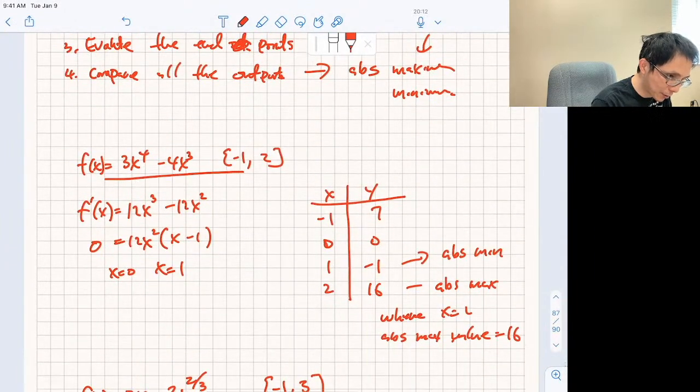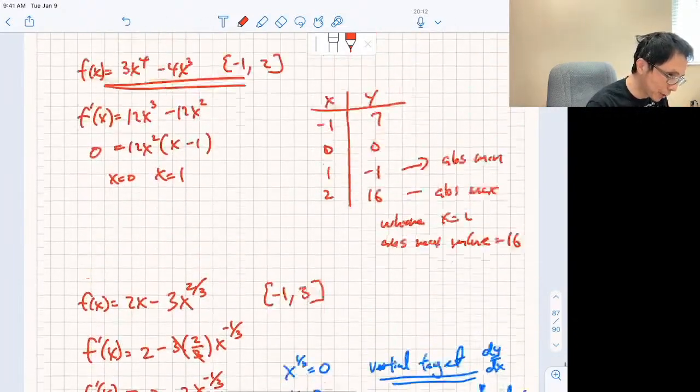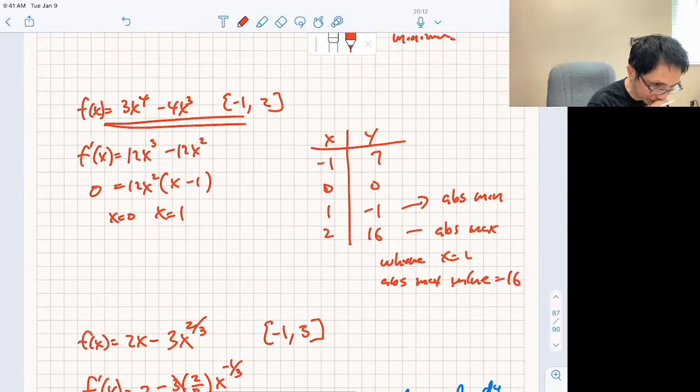Let's go back to this one. Now, this one I'm not going to give you an interval anymore. I don't like that one. I don't like that one either. Let me pick one I like. Okay, let me pick this one.